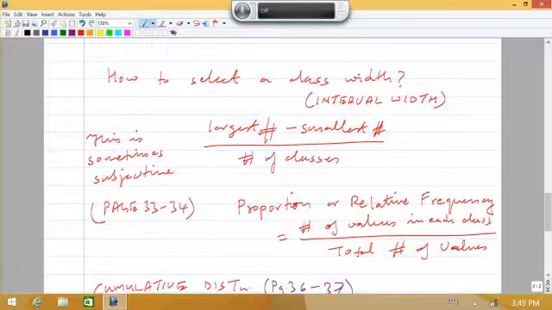In a similar light, if you want to find out what is the percentage of suburban restaurants costing less than $50, in that case that would be 92%.